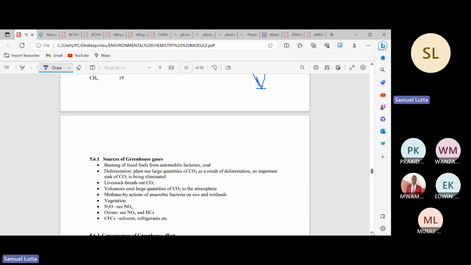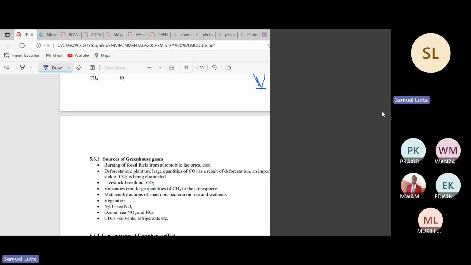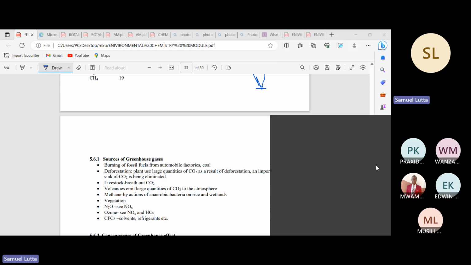And so what you can see here is that we are talking about sources of CO2 and what increases the amount of CO2. So we have things like deforestation.